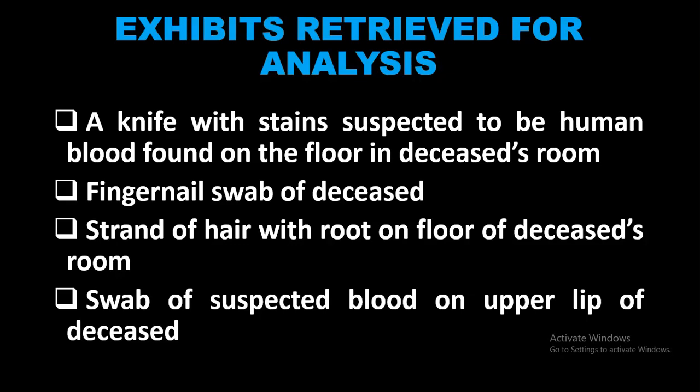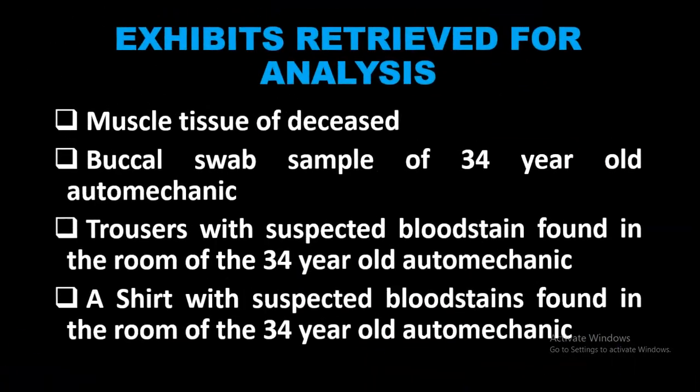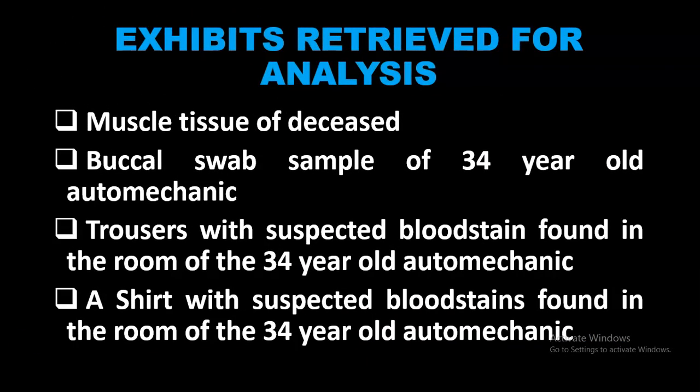Strand of hair with its root on the floor of the deceased's room. 4. Swab of suspected blood on the upper lip of the deceased woman. 5. Muscle tissue of the deceased woman which was taken at autopsy.